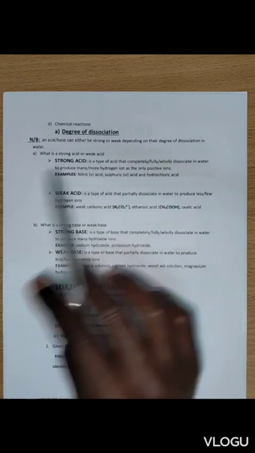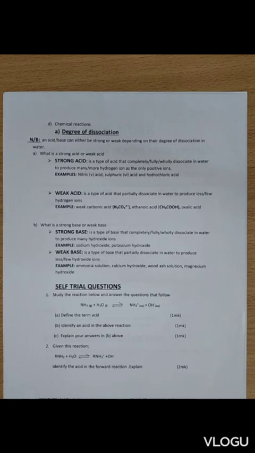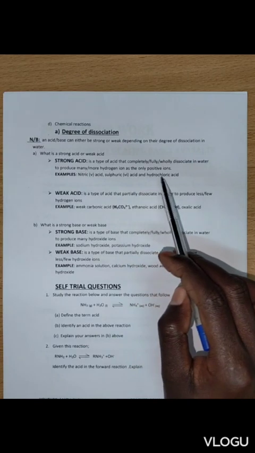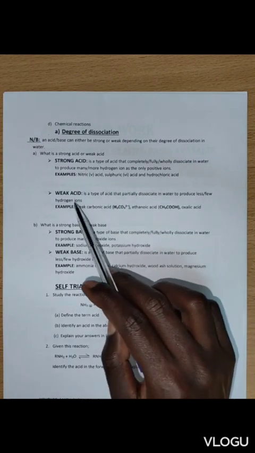So a strong acid fully dissolves in water and it produces many hydrogen ion. Example of it, nitric acid, sulfuric acid, and hydrochloric acid.